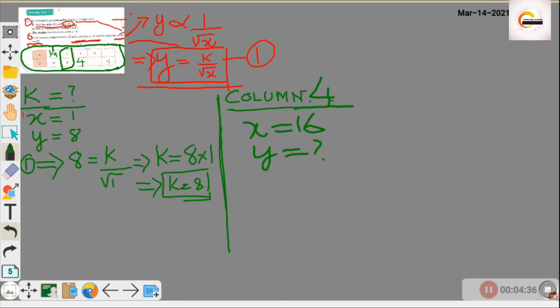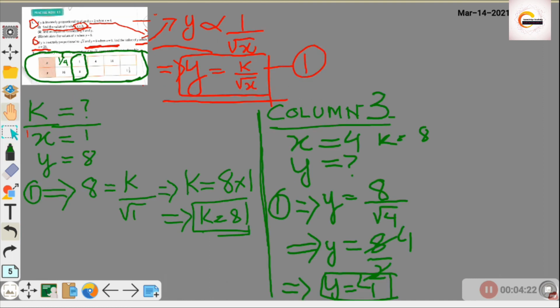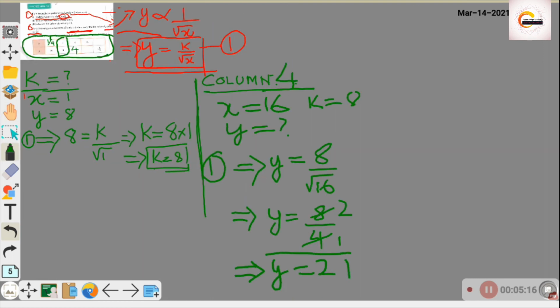Number 4, x is equal to 16 and y is unknown and k is 8. Let's put these values in the formula. So y is equal to 2.